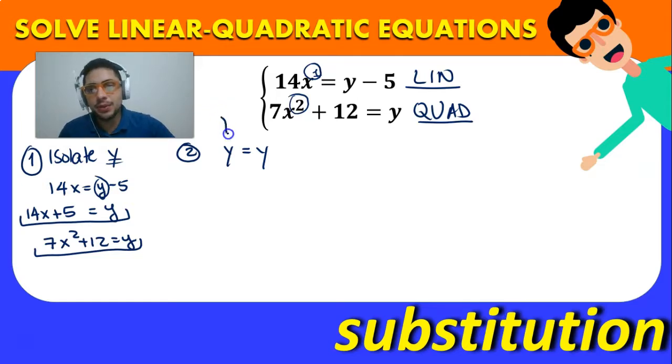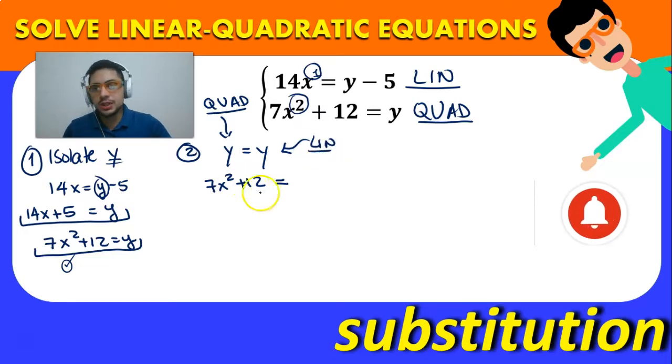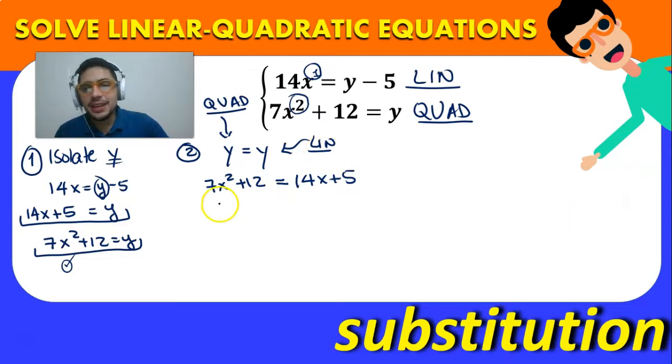So let's say we want to substitute what we got in the quadratic one. We know that y is equal to 7x squared plus 12. So we're going to write that down here. We're substituting the value of y. And then we're going to substitute the value of whatever we got in the linear one, which is 14x plus 5. Okay, now guys, we have 7x squared plus 12 is equal to 14x plus 5.